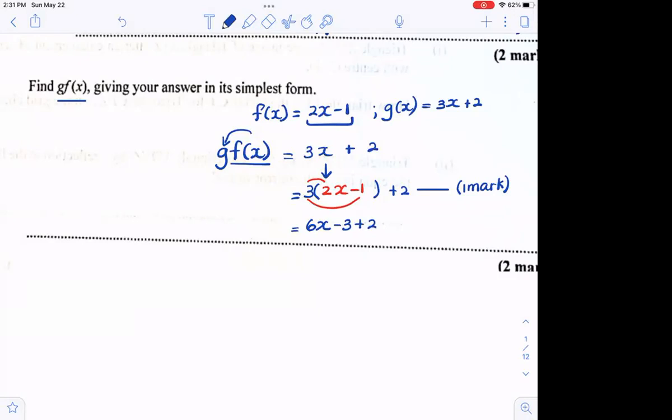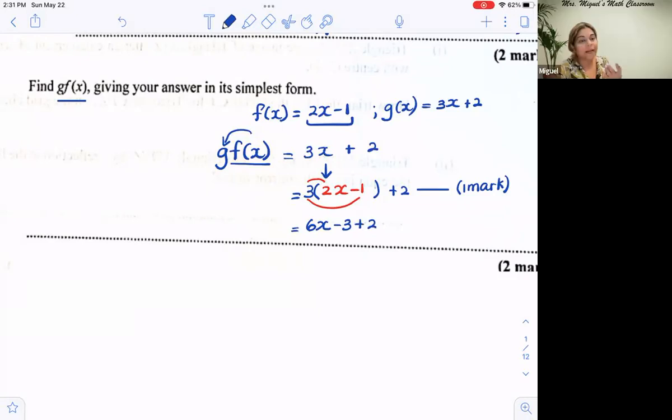Yes, Miss. Now, if you cannot do directed numbers, use the calculator. Do not put what you think it is, right? And even if you can do the directed numbers, use the calculator to check it. So we have -3 plus 2. The answer is -1. So here it is 6x minus 1.